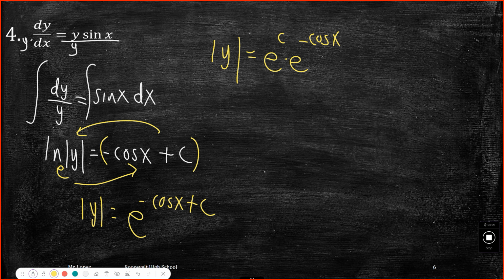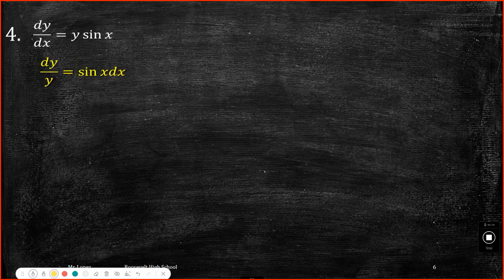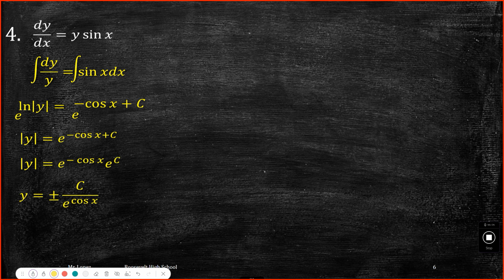So then absolute value of y equals plus or minus c over e to the cosine x, because you have to bring it to the bottom. Easy, no? We're all right.